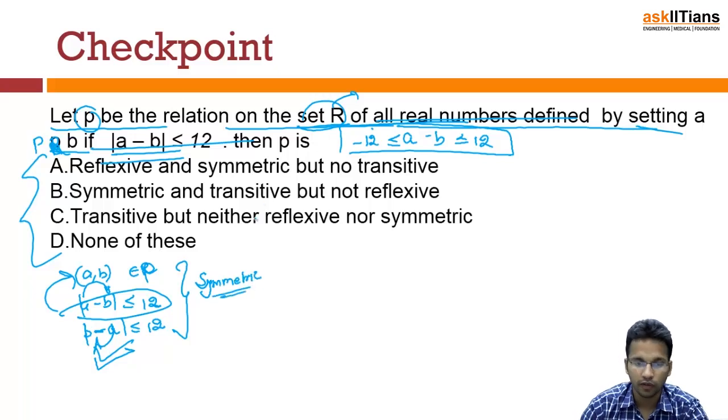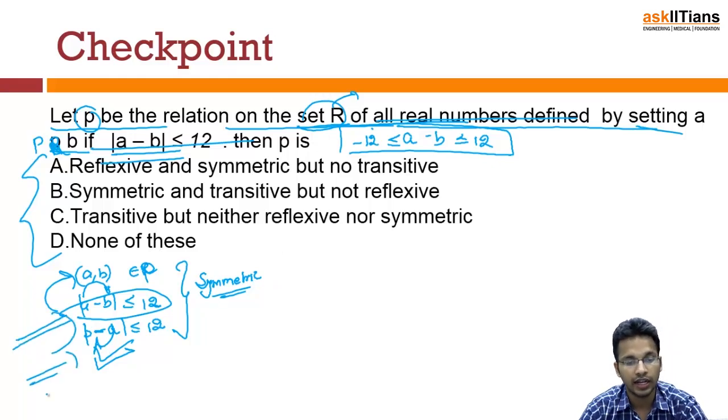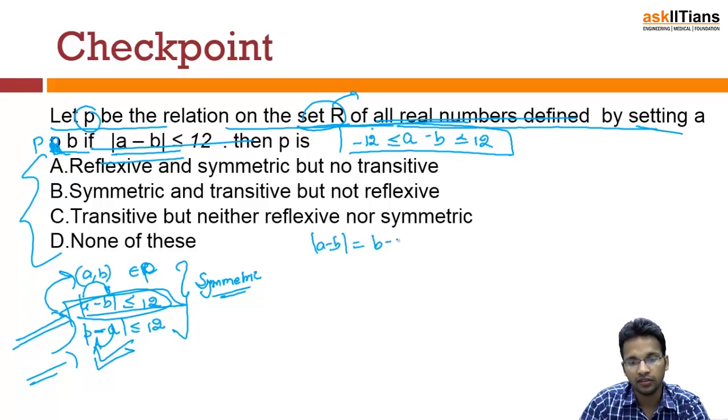You can just check it from one example maybe, but one example is not enough to say. You have to write properly in the boards. Since we are taking the mod, |A minus B| is the same as |B minus A|. Why? Because this is just a distance, right? So if this is less than 12, this will also be less than 12.